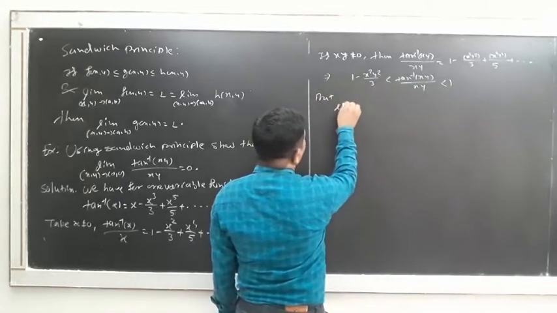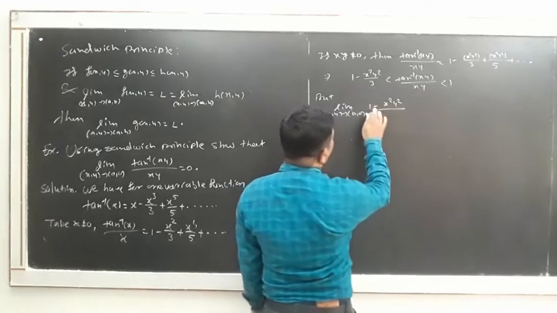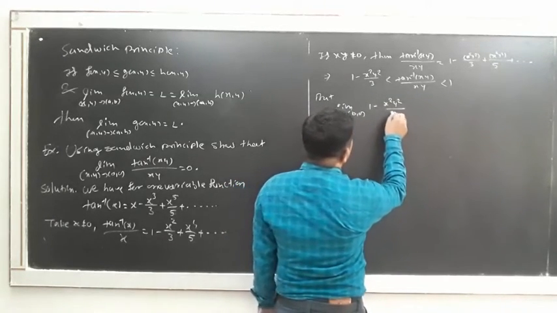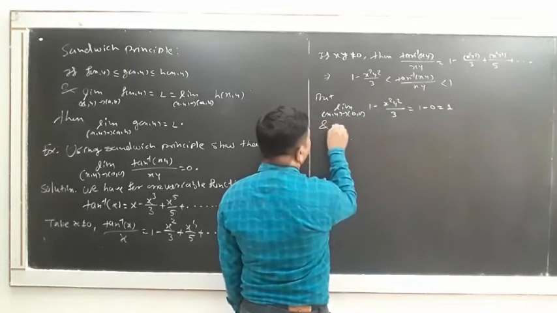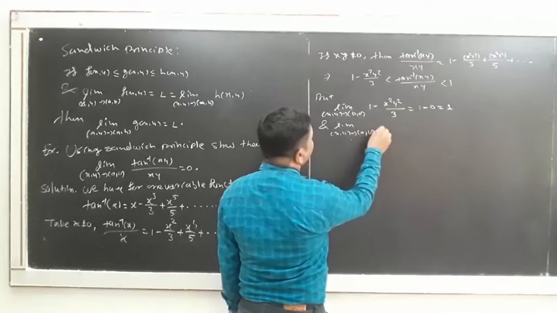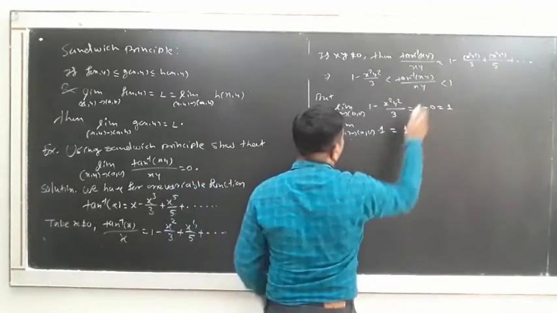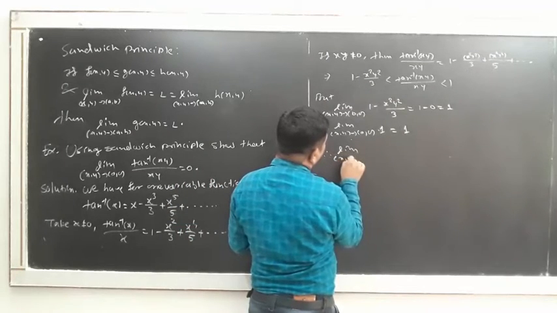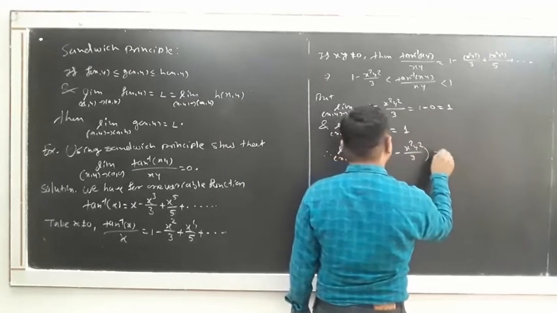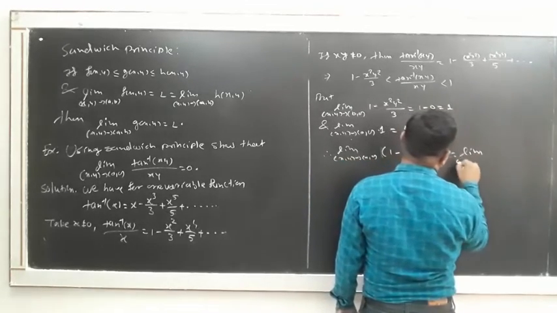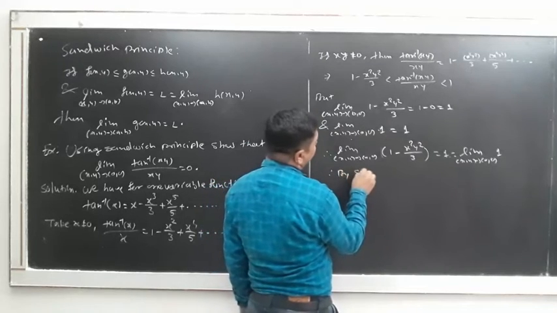But the limit as (x,y) tends to (0,0) of 1 minus x square y square upon 3 is equal to 1 minus 0, which is 1, and the limit as (x,y) tends to (0,0) of 1 is 1. That means the limit of both is equal. Therefore, the limit of 1 minus x square y square upon 3 is equal to 1, which is equal to the limit of 1, and therefore we can use the sandwich principle.